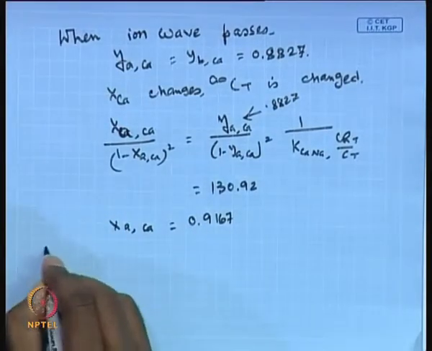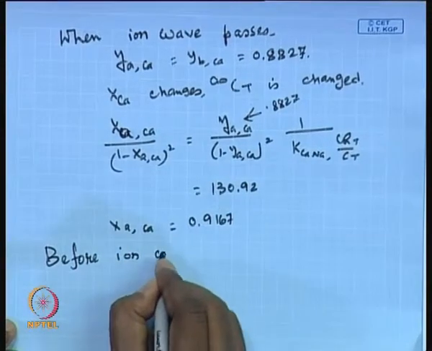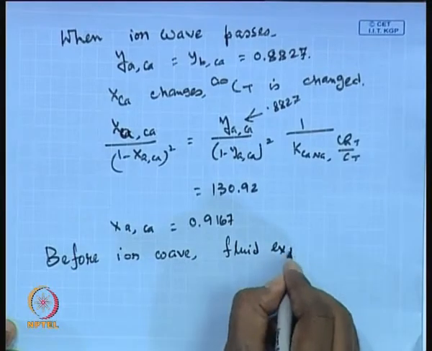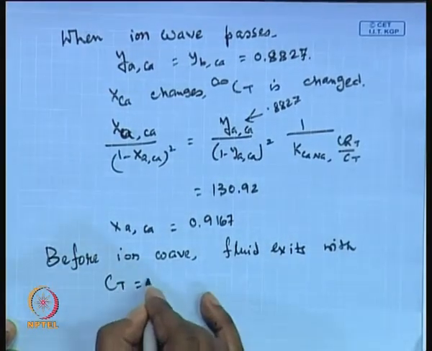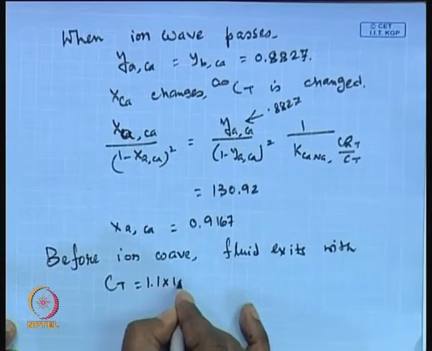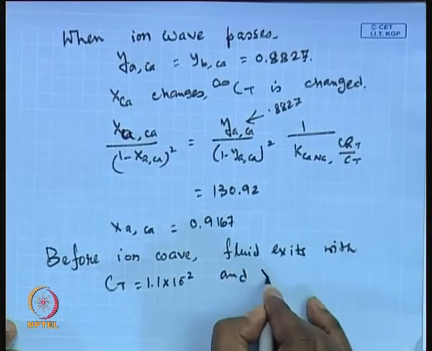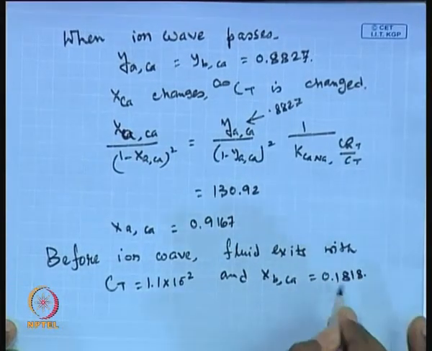So, before the ion wave, fluid exits with Ct equal to 1.1 into 10 to the power minus 2 equivalent per liter, and XbCa is 0.1818. Okay.